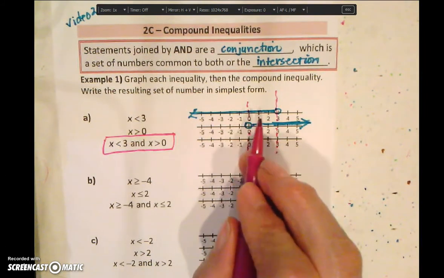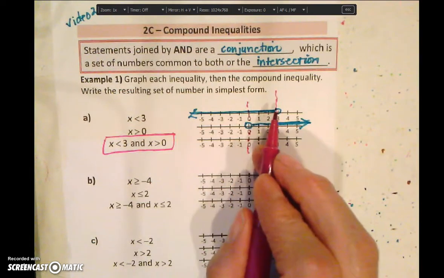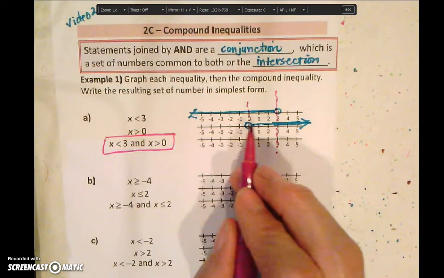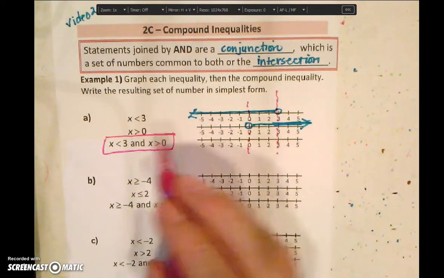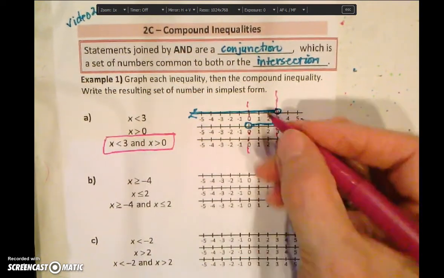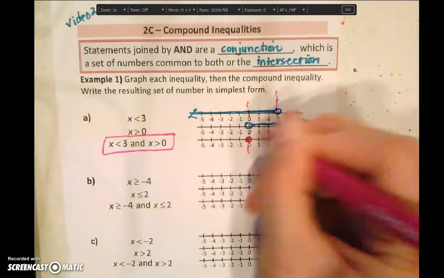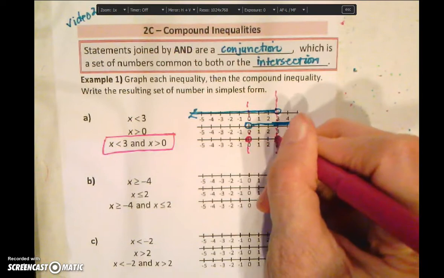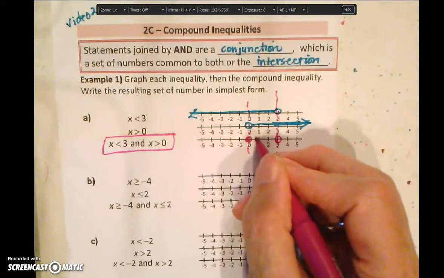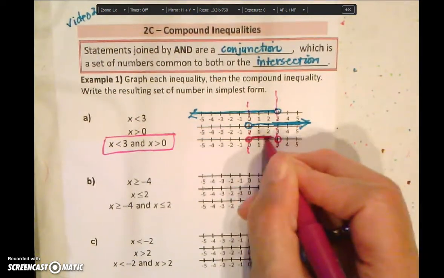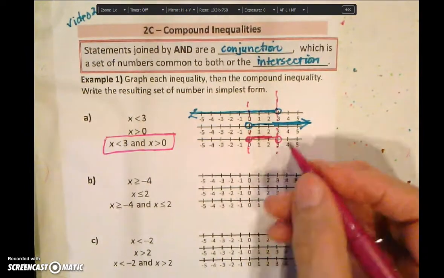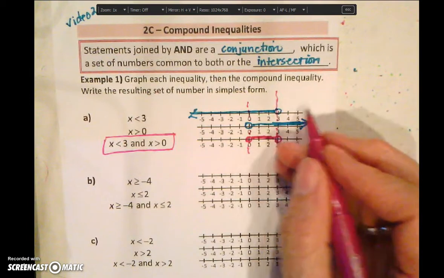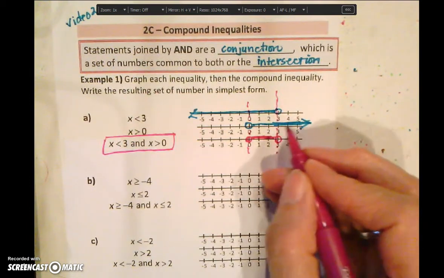The ones in between 0 and 3, these numbers are in the first inequality, and these same numbers are also in the second inequality. So this group here, not the 0 itself, it's not in both of them, and not the 3 itself, it's not in both of them, but the numbers in between are. This is an open dot there. And then when I go to the third section to the right of 3, these numbers are only in the second inequality.